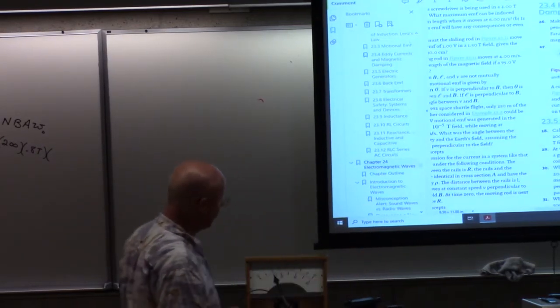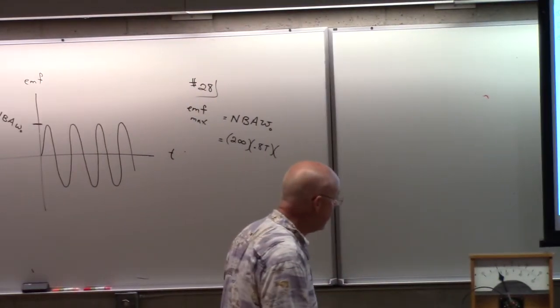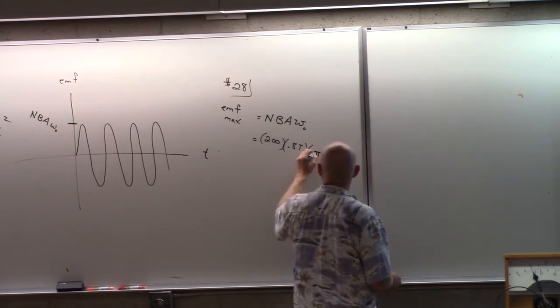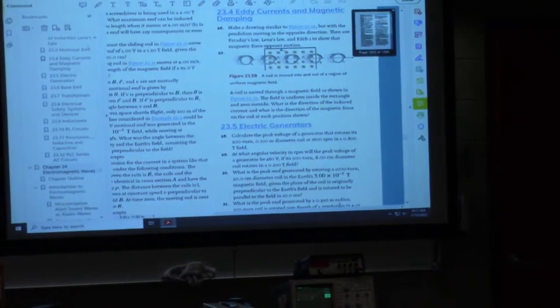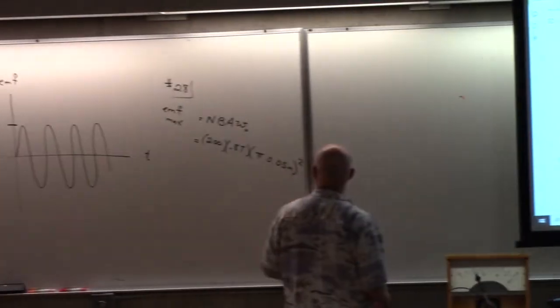The other thing you ought to be careful for is make sure you cut diameter in half to get radius. So the area would be pi and 0. So it says 0.1 diameter. So let me go 0.05 meters and square it.